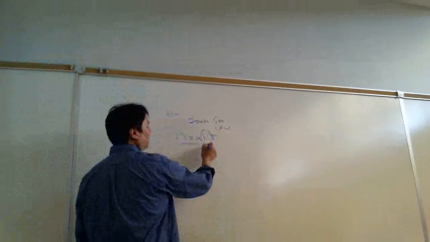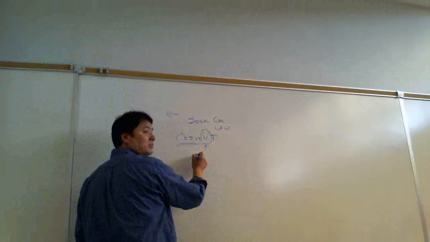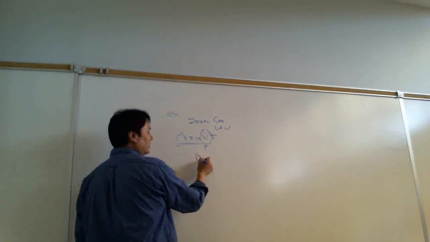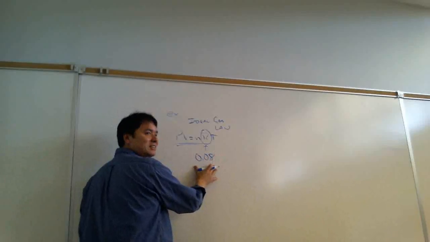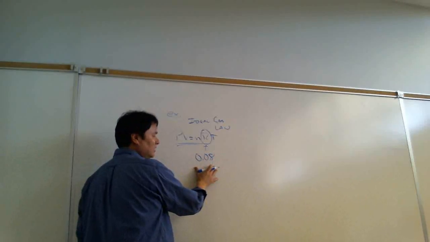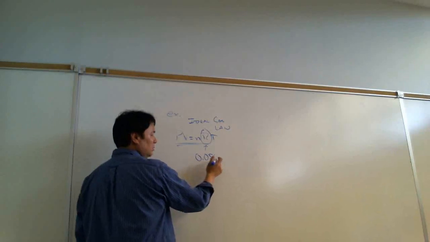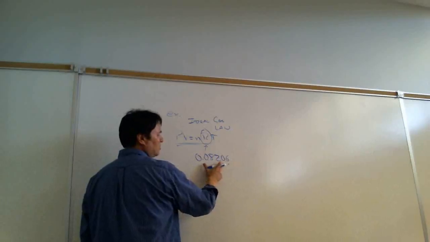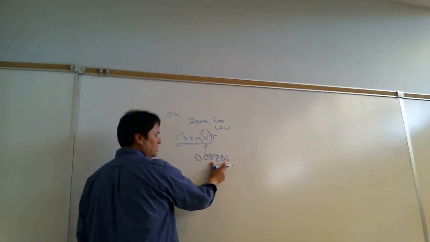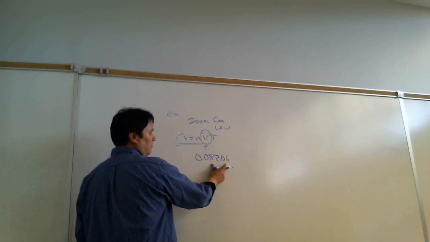For example, what is this R? Oh, everybody has R memorized. Do you have R memorized? Maybe not. It's been a long summer. Yeah. Okay. 8.2 06. Usually people have it memorized to 3 sig figs in Chem 4, but it's good.